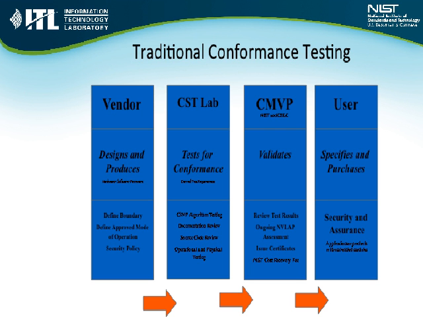Then a laboratory picks it up and does some testing, algorithm testing, as well as documentation reviews, source code reviews to ensure that the module is implemented correctly, operational and physical testing, all these things. Once the testing is complete, the laboratory produces a report which then gets submitted to the CMVP for review and validation. If all goes well, then NIST issues a certificate. And based on that, users in the federal space can procure modules and use them in their infrastructure.